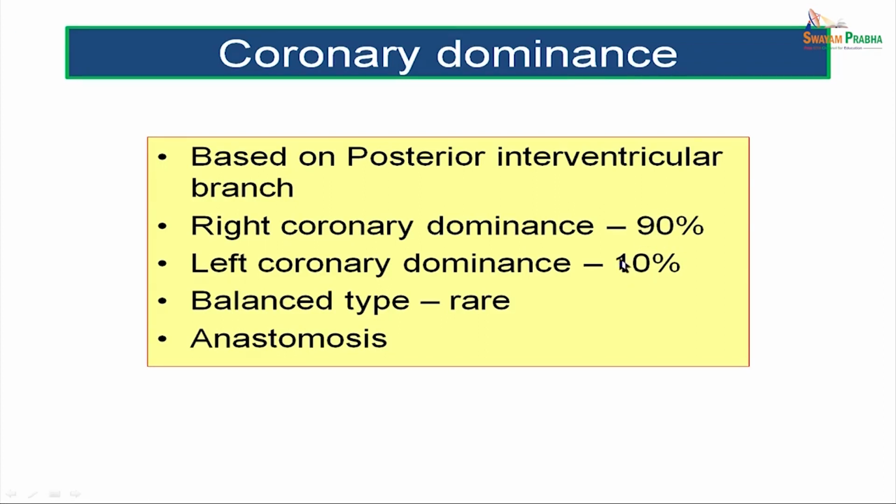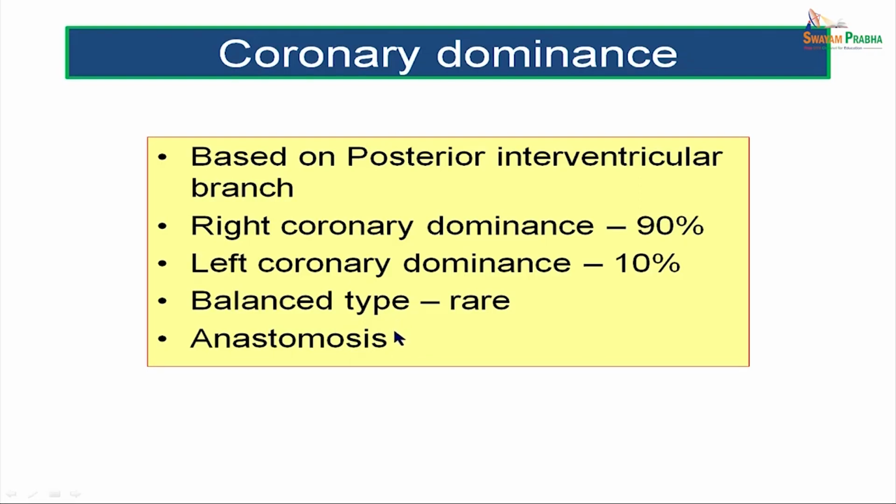Whereas, left coronary dominance is seen in 10% of the individuals when the posterior interventricular artery will be arising from the left coronary artery, and that will be from the circumflex branch. Occasionally, you will find posterior interventricular arteries double, arising from both the right coronary and left coronary, then it will be called the balanced type of coronary circulation.